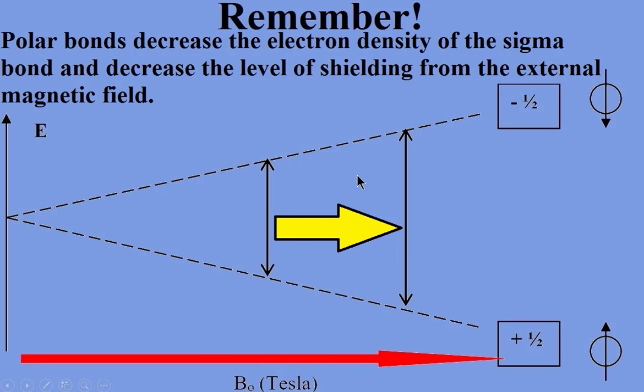And so the energy increase means that we get a bigger gap in energy between that low energy state when the magnetic field of the hydrogen nucleus is aligned with the external, and the state where it's aligned against. So it's going to take radio frequency energy of greater frequency to get the hydrogen nucleus to flip and come into resonance.